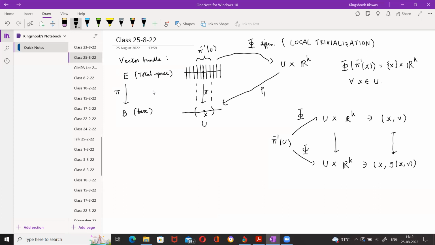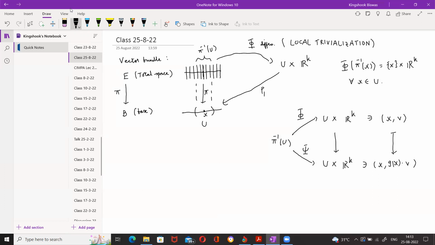But what we want is that this change of charts is linear in v. So actually we want this to be of the form some smooth matrix valued function g of x times v.